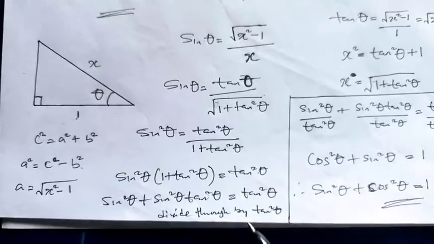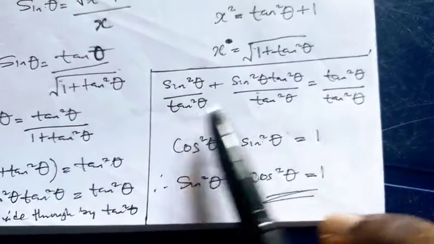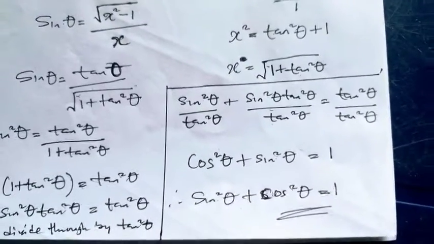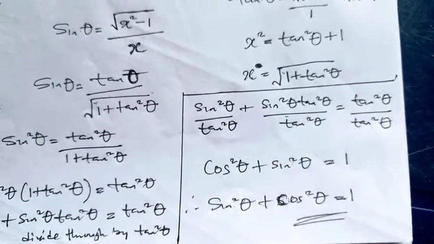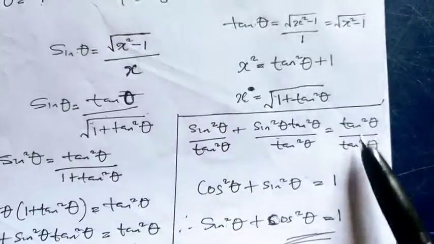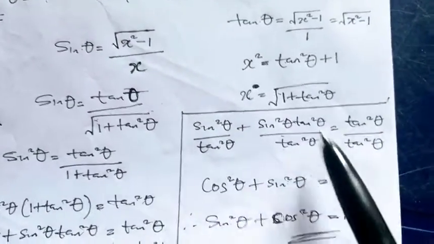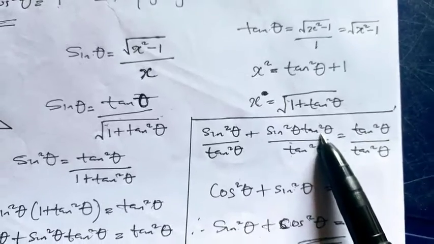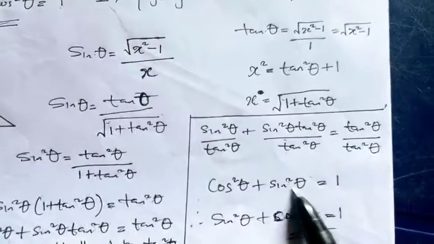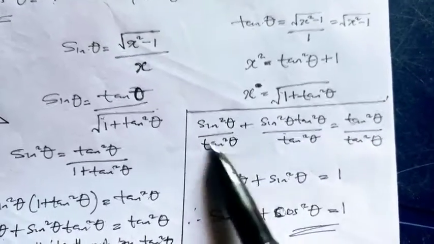Now if I divide through by tan square theta, I will get this. See, I have divided each of the functions here by tan square theta. Now tan square theta divides here to become 1, and tan square theta cancels here, leaving me with only sine square theta. Now what about this?